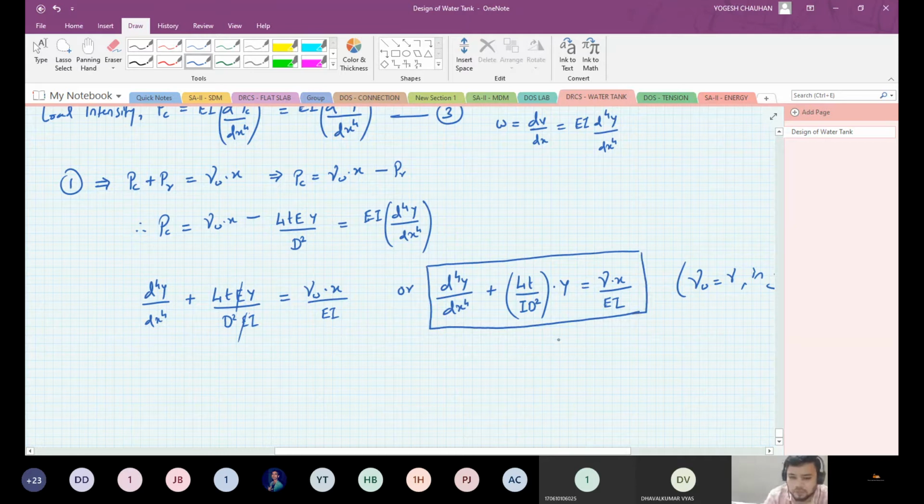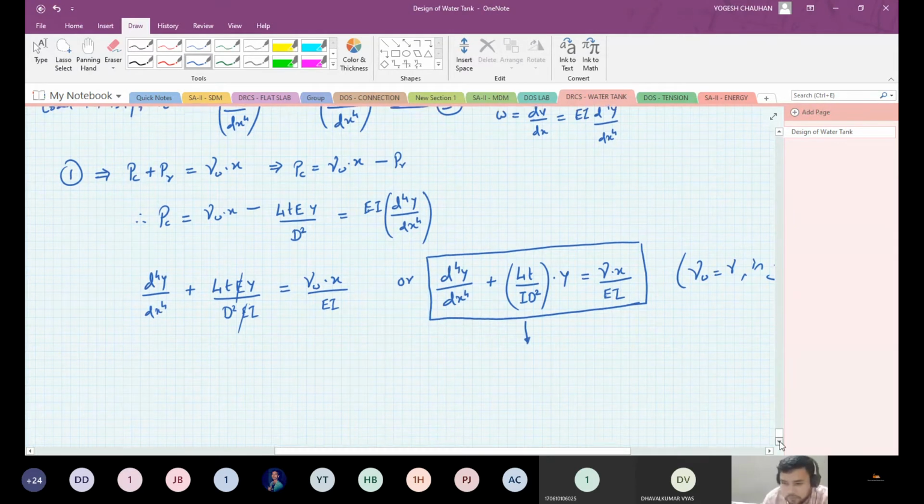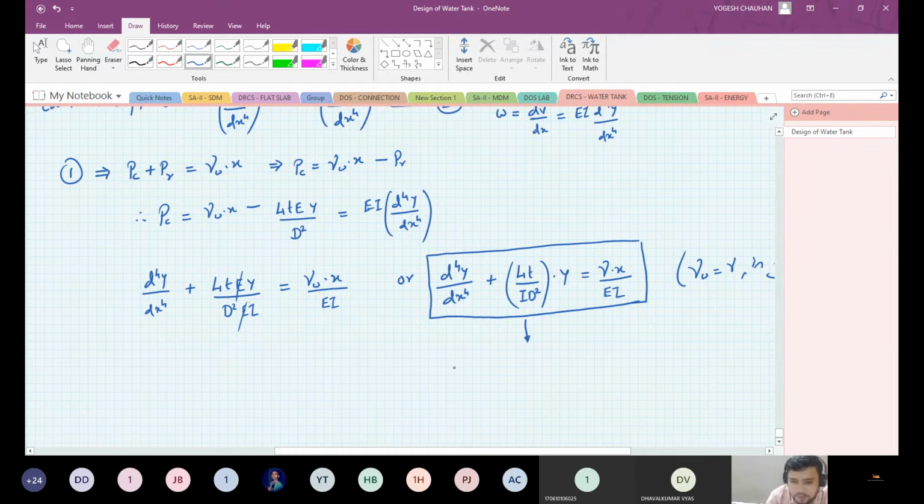If you remember from mathematics, this is of the form of the fourth derivative of y with respect to x plus some constant k to the power 4 into y is equal to c.